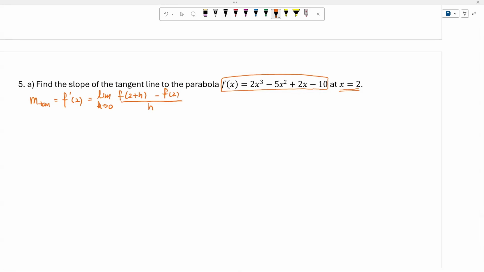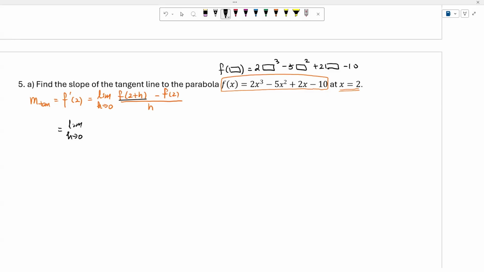And now let's set it up first. So it will be the limit h goes to 0. So again, f of 2 plus h. Consider that this is 2 times the box to the 3 minus 5 times the box squared plus 2 times the box minus 10, right?